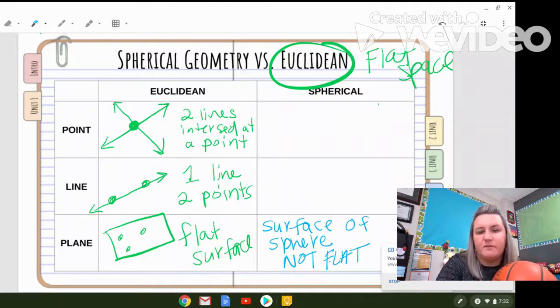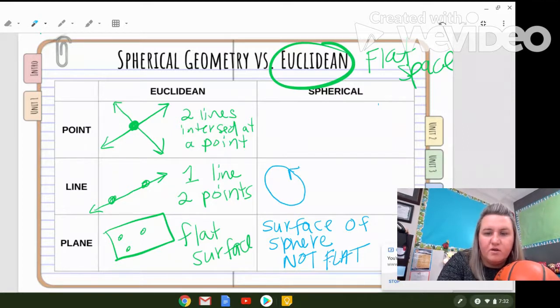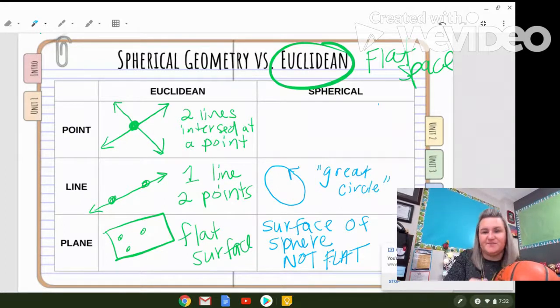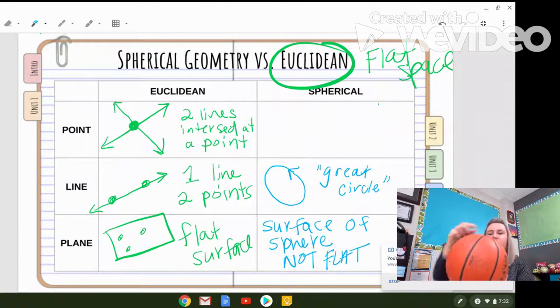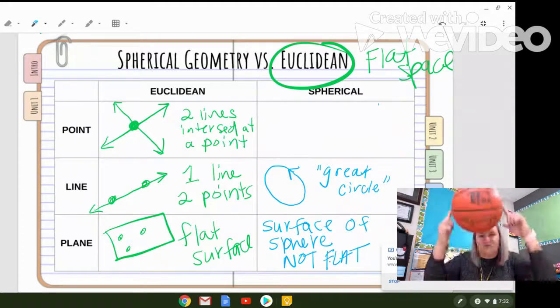So in spherical geometry, a line is actually a circle. We call this the great circle. Look at that circle. Isn't it great? Okay. Now imagine I have my first line right here, and I want to draw another line right here. How many times do these two lines intersect each other? Hopefully you can see they intersect twice.